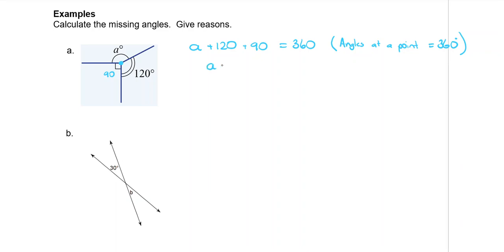So A plus 120 plus 90 makes 210, and that is equal to 360. Now it's a one-step equation where I subtract the 210, get rid of that one, and I will have A equals 360 minus 210, which is 150 degrees.